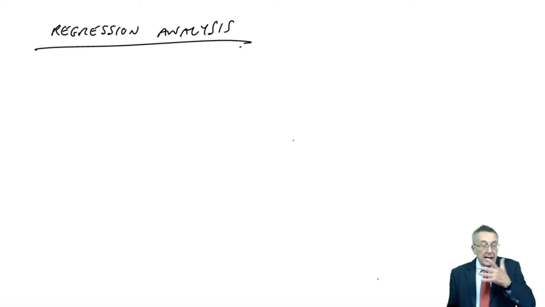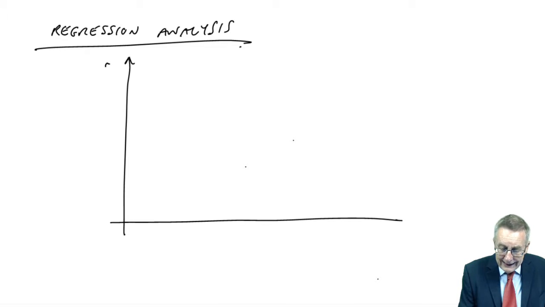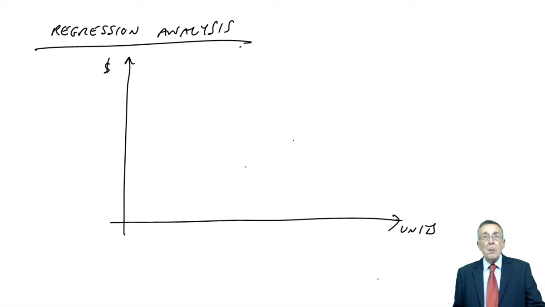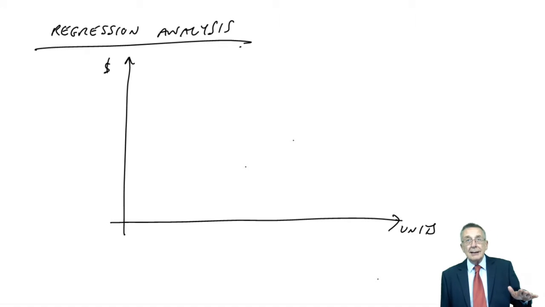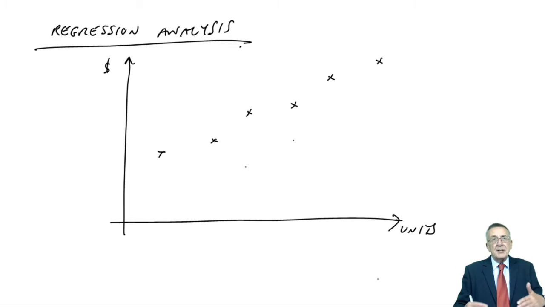Because if you remember, when we did high-low, we were saying, if we've got a cost that varies perhaps with the production, in a perfect world, if we looked at the last several months and plotted them on the graph, in a perfect world they'd all be precisely on a straight line. In the real world, I said nothing's perfect, and they may look reasonably linear, but some will be a bit higher, some will be a bit lower.